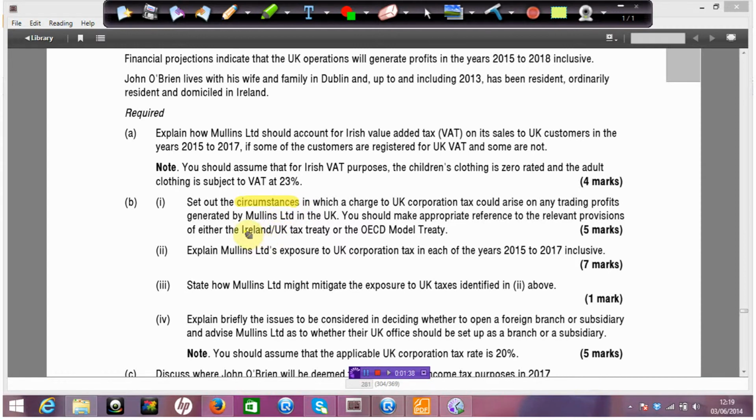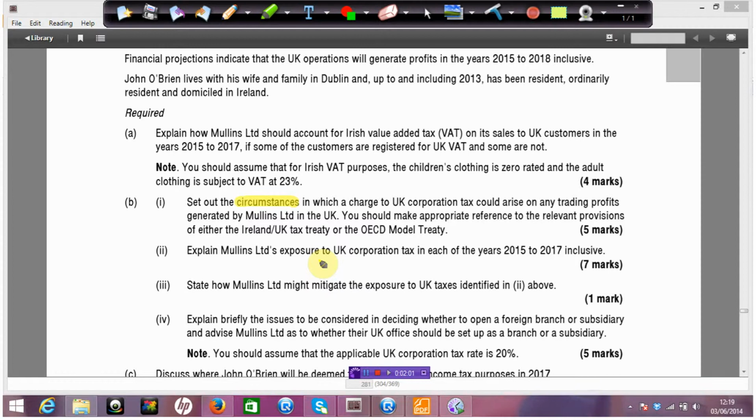And they've asked you to make reference to one of the tax treaties. I think more often than not with this type of question, John Morrison, your examiner, is going to go for a UK company because obviously the UK tax treaty with Ireland is very, very similar to the OECD model.